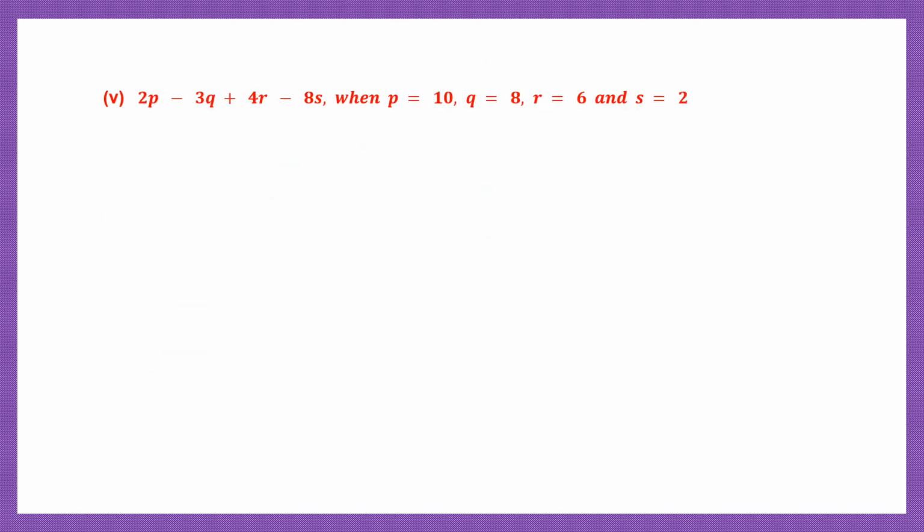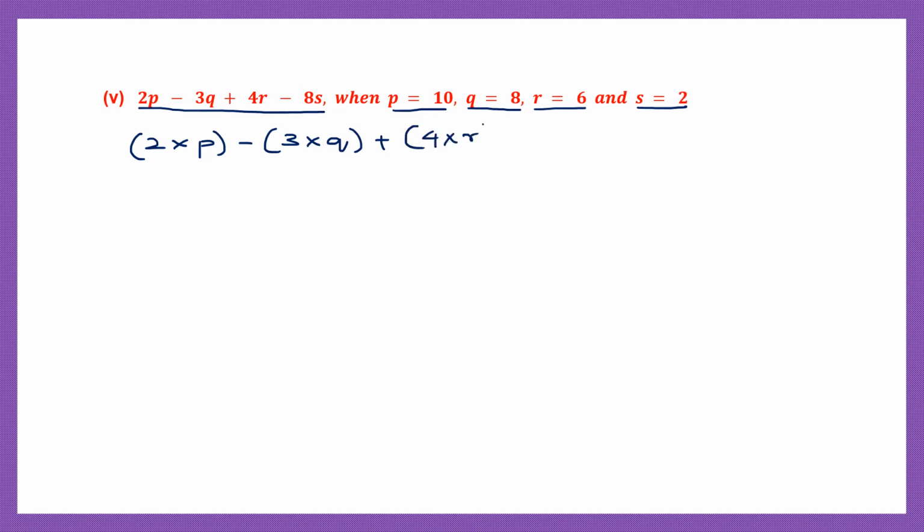Question 5. We must find the value of this expression 2p minus 3q plus 4r minus 8s when p is 10, q is 8, r is 6 and s is 2. So let's begin. 2p will be 2 into p minus 3q is 3 into q plus 4r will be 4 into r minus 8s will be 8 into s. So now let's start substituting the values for these variables.